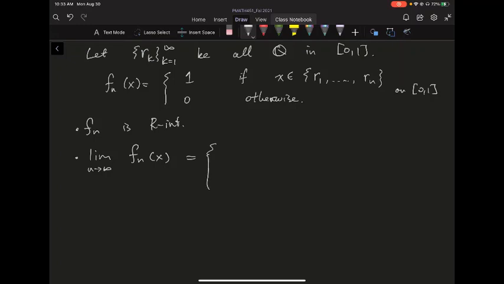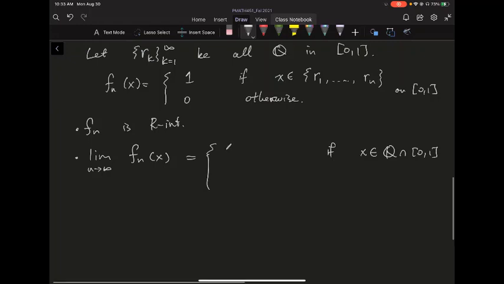So there are two cases. First of all, if x is a rational, and also, of course, x has to be in 0, 1, then it has to be one of these r_n's, because the r_n's are all the rationals in 0, 1. Then eventually x will be one of the r_n's, and from that point on, all the f_n of x will be equal to 1.